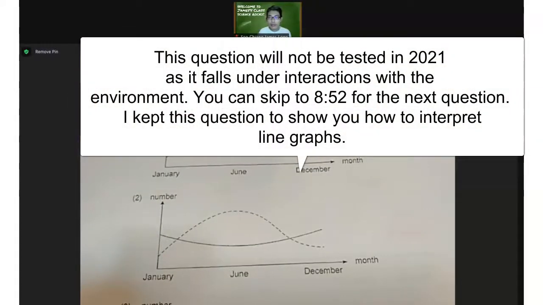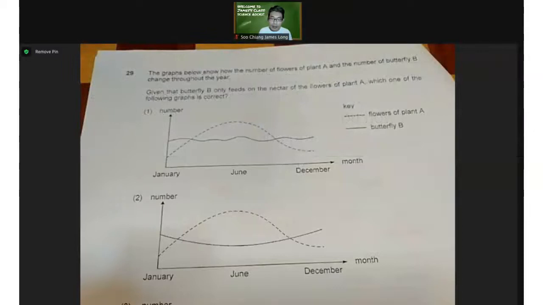Now this question tests if you are able to interpret graphs and of course understand the story here and look at the relationship. The graphs show how the number of flowers of plant A and the number of butterfly B change throughout the year. Given that butterfly B only feeds on the nectar of the flowers of plant A, which one of the following graphs is correct?